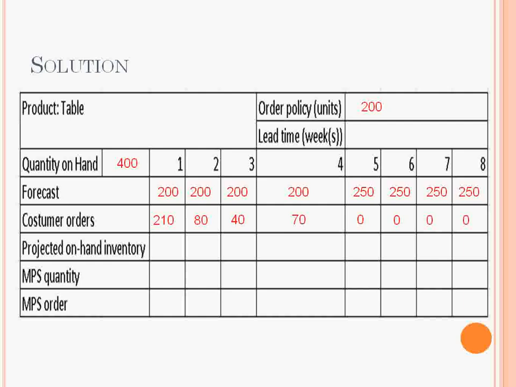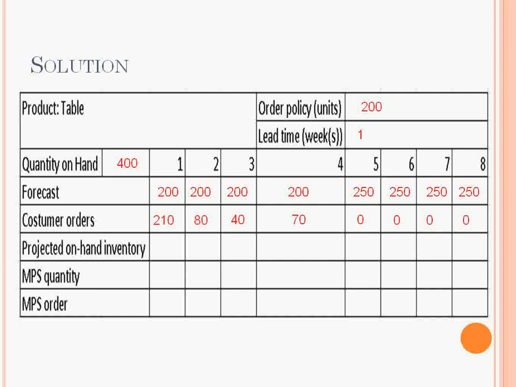If it is needed, we can order 2, 3 or even more series, but we will get 400, 600, etc. tables. Lead time is 1 week, so if we make an order this week, we will get tables the next week. So, let's start solving the task.